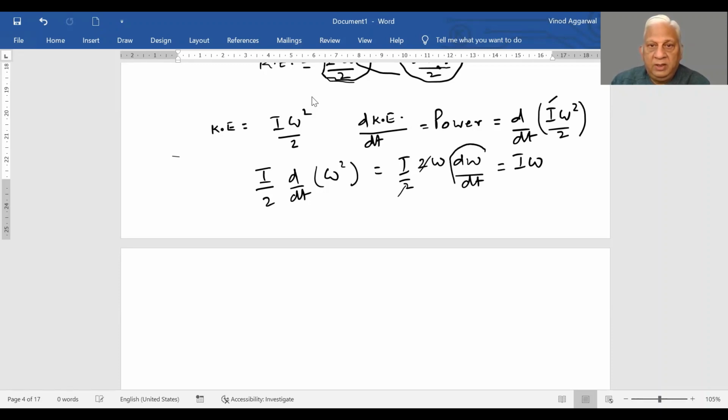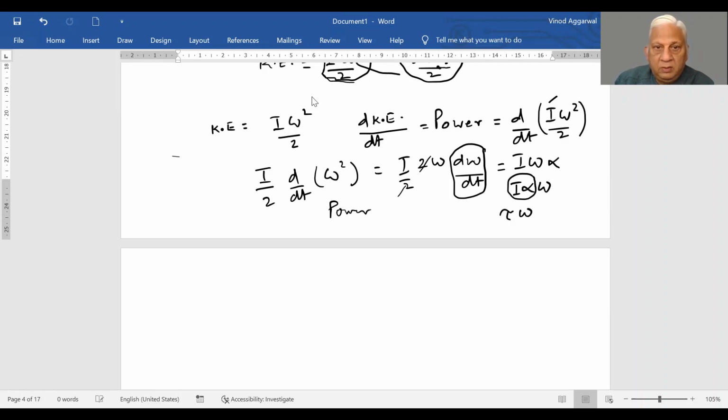And d omega by dt is the rate of change of angular velocity, which is nothing but alpha, right? And we have seen earlier, we write it like this. What was this? This was nothing but tau.